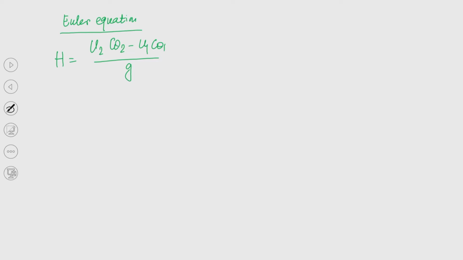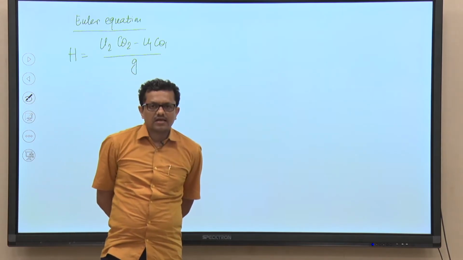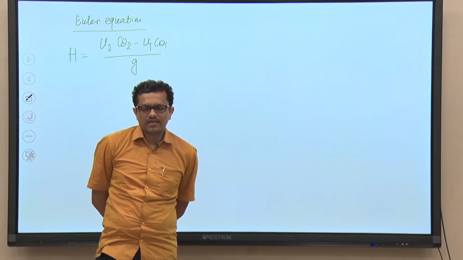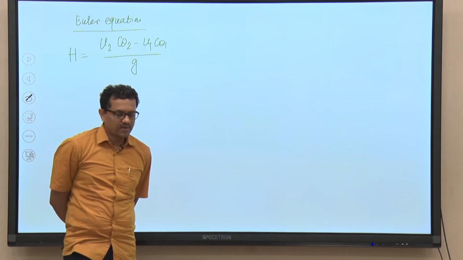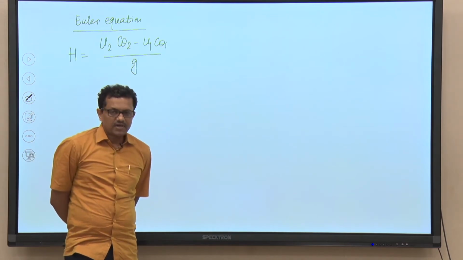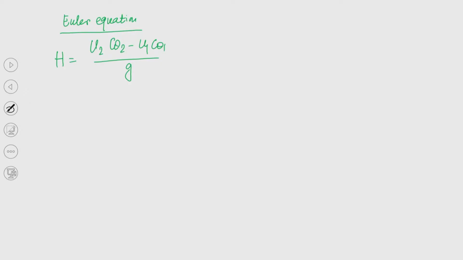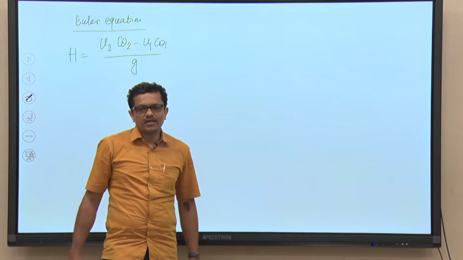Now, we have seen that in practice the head which will be developed by a pump, if it is a radial flow pump definitely, or if it is an axial flow pump, but irrespective of the type of the pump, the head that will be developed will be definitely different than that predicted by Euler equation.